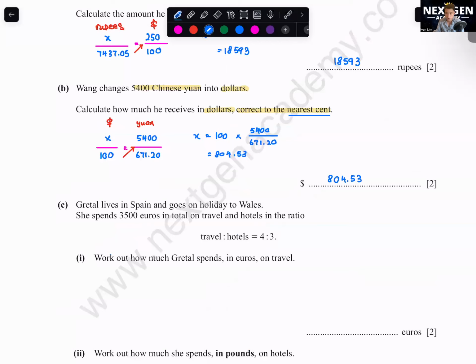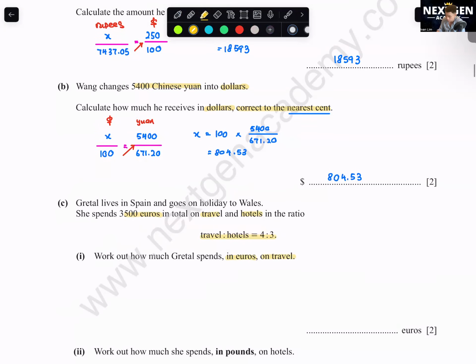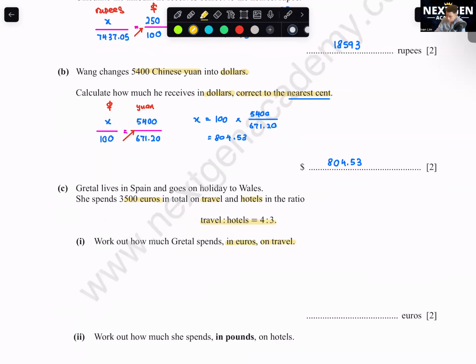Let's go to question C. Greta lives in Spain and goes on holiday to Wales. She spends 3,500 euros in total on travel and hotels in the ratio travel to hotels 4:3. Work out how much Greta spends in euros on travel. So 4 parts out of 7 parts.